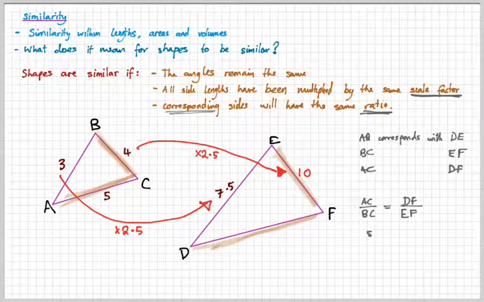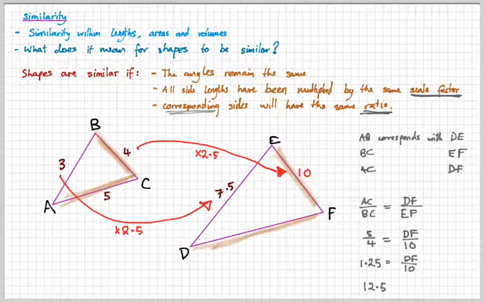Okay? Now I know what AB is. I know that AB is 5, I know BC is 4, and this will be the same as DF, which I don't know at the moment, and that will be DF divided by 10 since EF is 10. Okay, so I've got this equation now. Since I know that these ratios are the same, I can write this as an equation with an equal sign, and then to find DF I could simplify this as a decimal, so 1.25 is equal to DF divided by 10.